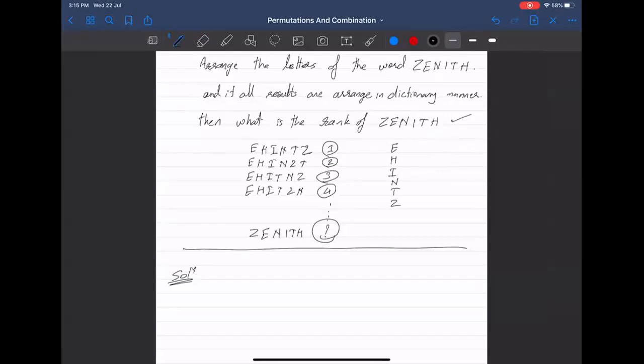So do you do like first letter is Z, second letter is a letter after E, and so on and so forth?